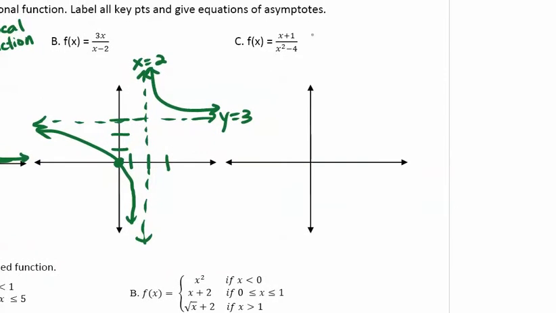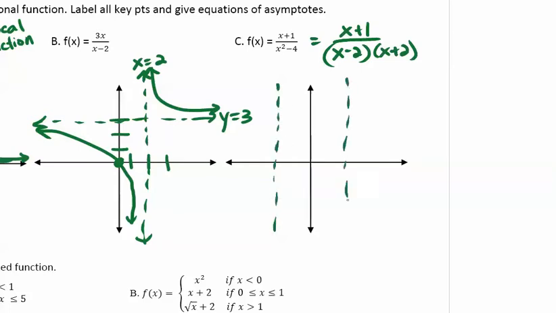In C, this denominator is factorable, (x minus 2)(x plus 2). So you can see that we get 2 vertical asymptotes at x equals 2 and at x equals negative 2. We can see the degree of the denominator is larger.